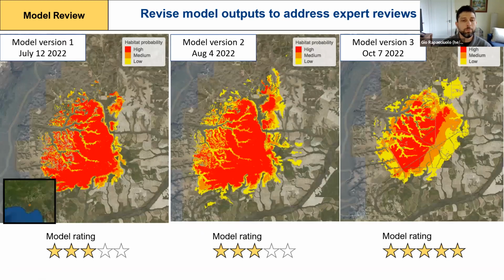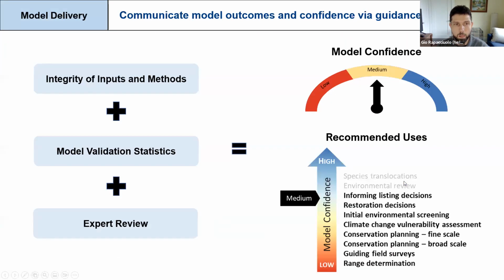And you can see that based on such comments, we moved through different versions of this model and the actual distribution of habitat was updated, as well as the reviewer's sentiment for how closely the model now captures the habitat for the species.